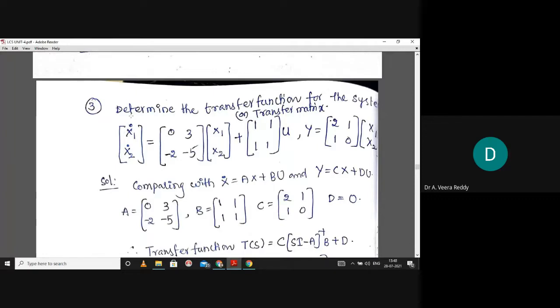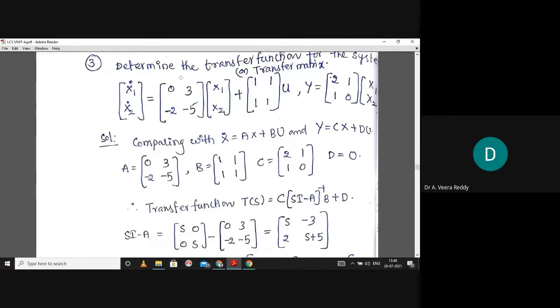Sometimes they may give you the complete x1 dot, x2 dot, that means they will give you x dot = Ax + Bu and y = Cx + Du. So if we compare the given problem with this, A = [0 3; -2 -5], a 2 by 2 matrix, and B = [1 1; 1 1], again a 2 by 2 matrix, and C = [2 1; 1 0], again a 2 by 2 matrix.